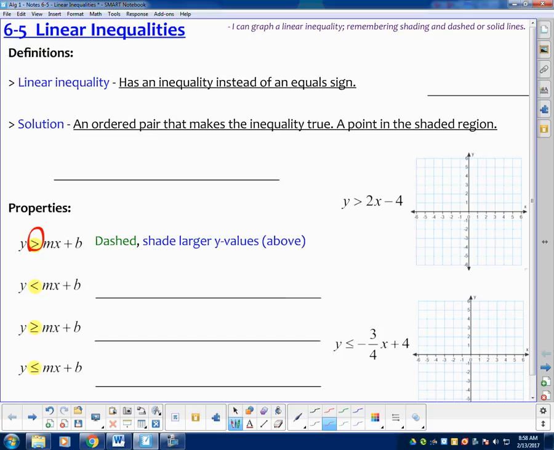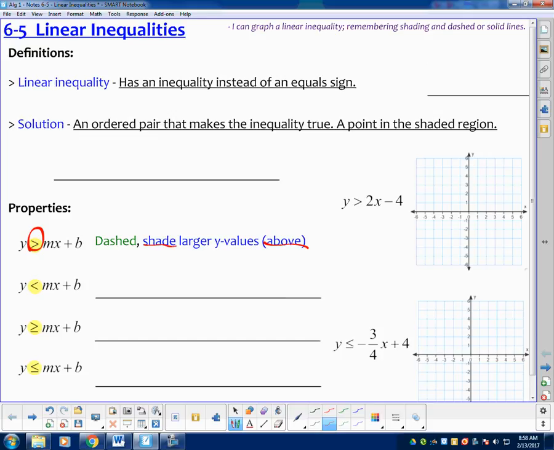If it is a greater than and it does not have the equal sign, it's a dashed line and it shades just right, shade above. Okay? It's only when you have the equal sign that it's a solid line.